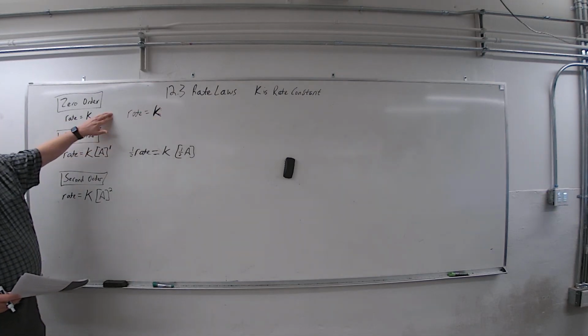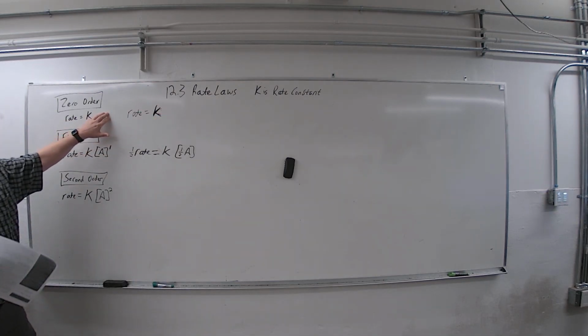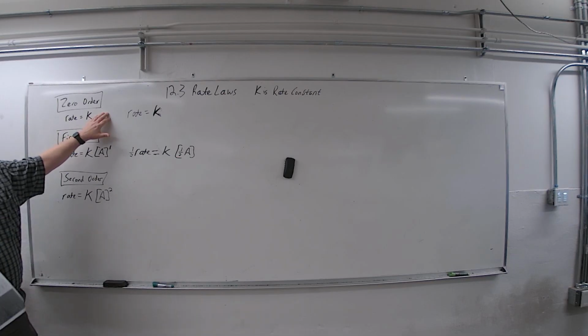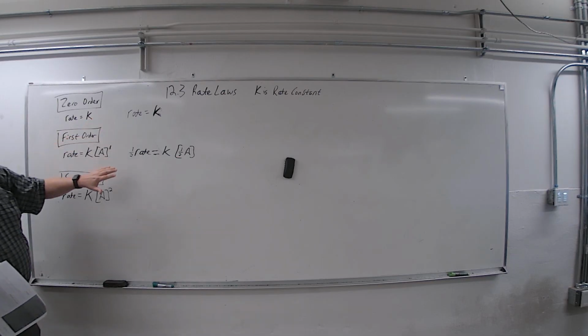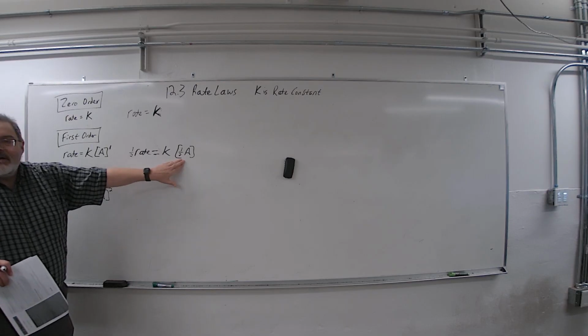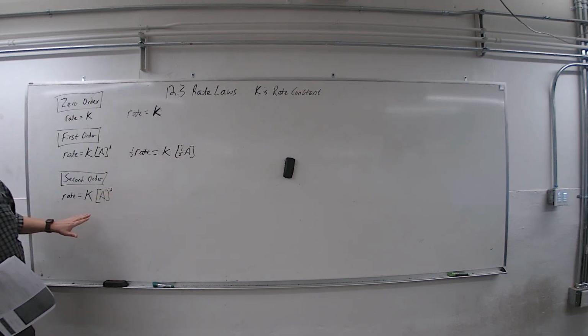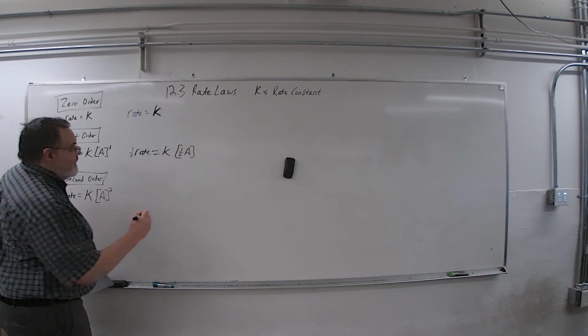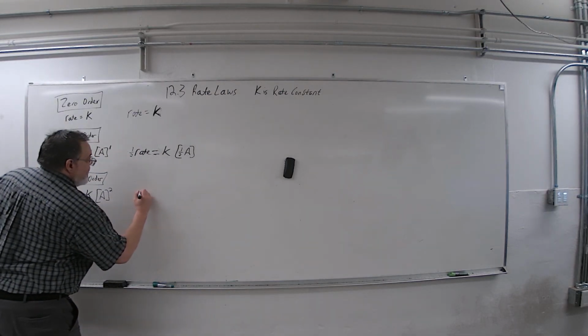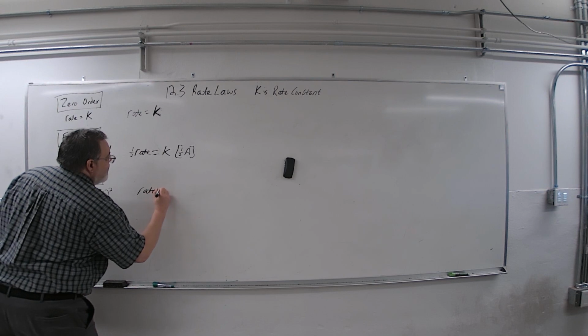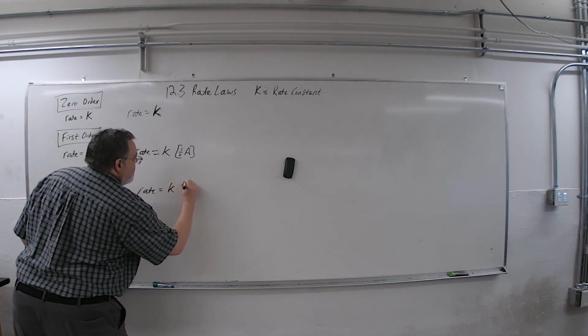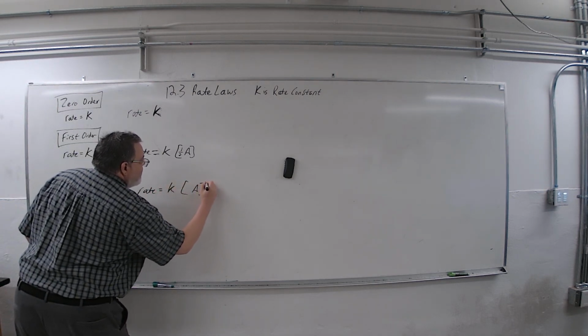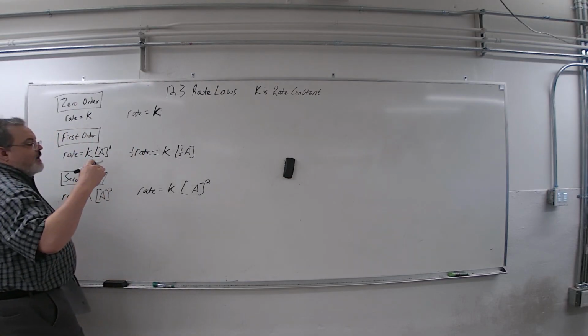But realize zero order reactions, how fast they go doesn't depend on the concentration. First order reactions, it depends on the concentration. Second order reactions, it depends big time. So this is the one where it sort of comes together. Concentration of A squared.